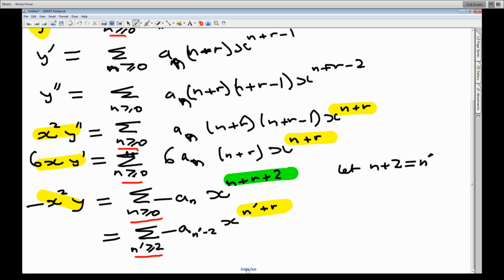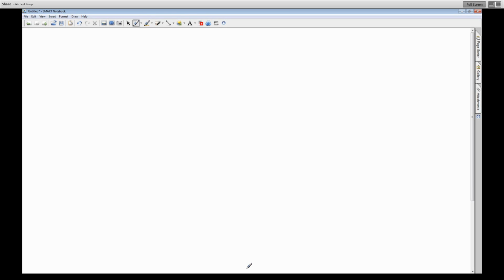So let's just put the next page. So if you chuck them all together, subbing in this time. So put them all together, you get, when n is greater or equal to 2, x to the n plus r, and you're getting all the terms cropping up. And so I'm just going to, you have to trust me, I guess, that I'm putting it all together.